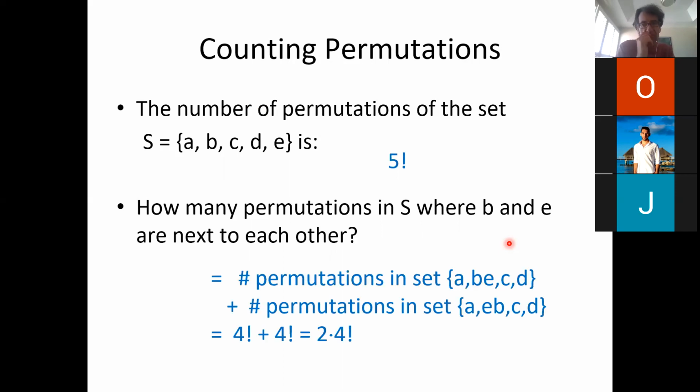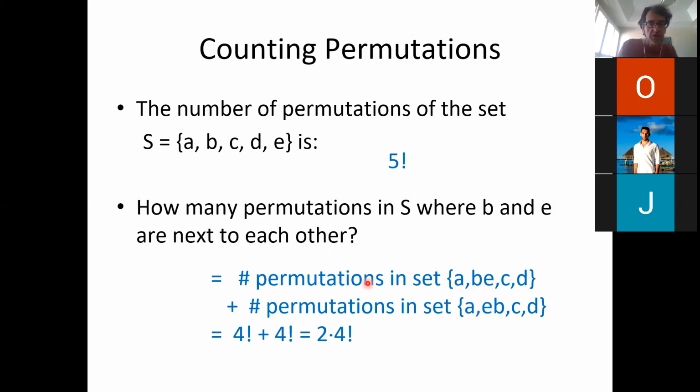So I can think of this as the number of permutations over this set, where B and E are in this order, plus permutations over this set. And these are non-intersecting, because every string here will have BE at some fragment, and every string here will have EB, and vice versa.